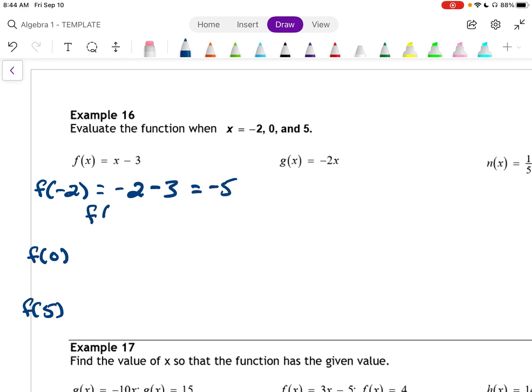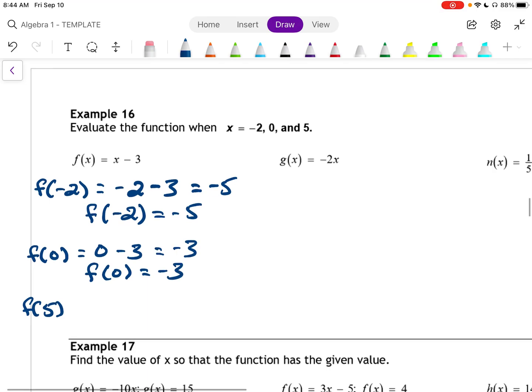So f of -2 is -5. For f of 0, I'm going to say, well, 0 minus 3 is -3. So f of 0 is -3. For 5, I plug in and I have 5 minus 3 is 2. f of 5 is 2.